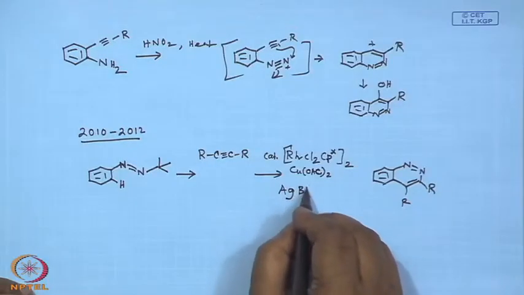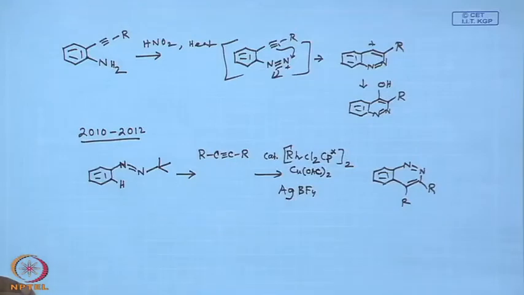Rhodium has a chloride; in Friedel-Crafts you have an alkyl chloride, here you have a rhodium chloride. The alkyl chloride can be activated by aluminum chloride, but rhodium chloride can be activated by, guess, silver tetrafluoroborate. All of us know it can pull the chlorine. Silver has a strong affinity towards chlorine and halogens. So, it pulls the chlorine, so rhodium plus.